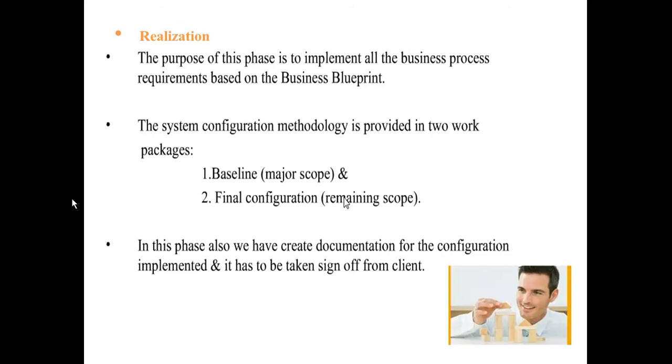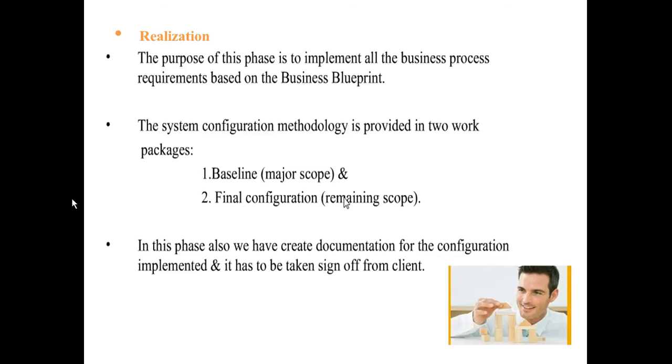Now, if I explain from the top, first is called project preparation. I finalize my resources, and based on my resources, I have my time frame of how many days or how many months I need to complete my project. Everything is done in my first phase. In the second phase, I got my blueprint.